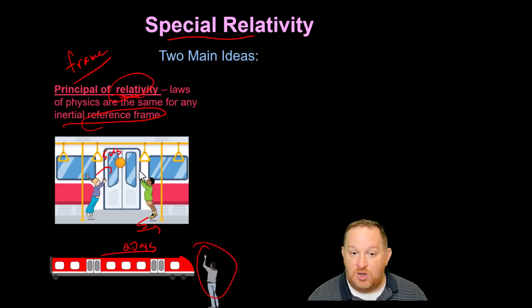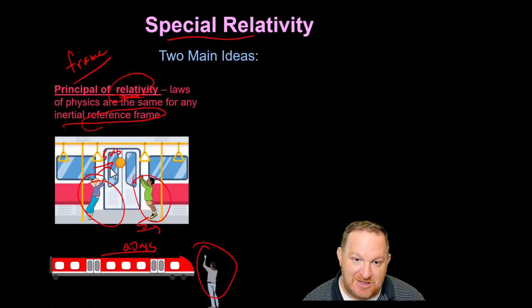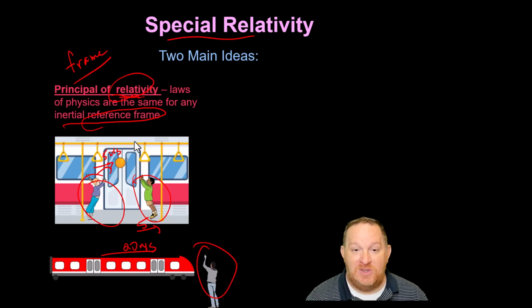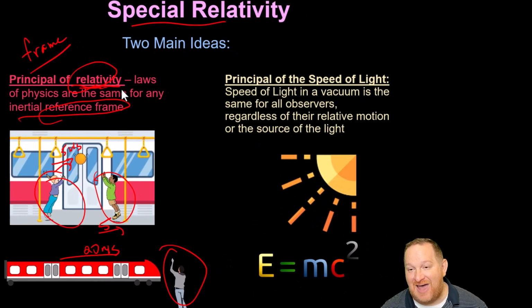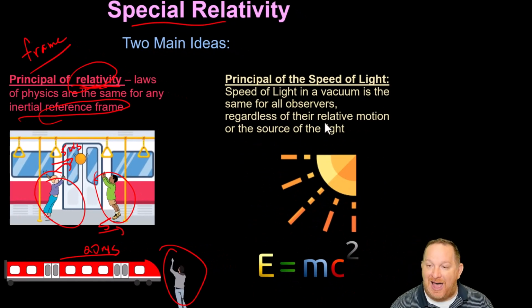Now the ball's kind of going 25. But because they're on the train that's moving, this ball moving in this direction is relative to them. So it's really only going 5 meters per second in that direction, okay, to them, but to this observer. So once again, it depends on the observer and the reference frame. So it's all relative. So the second idea has to do with the speed of light.